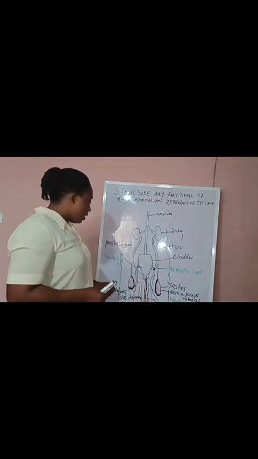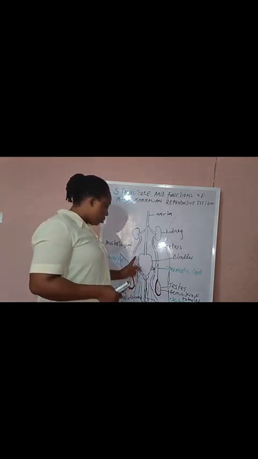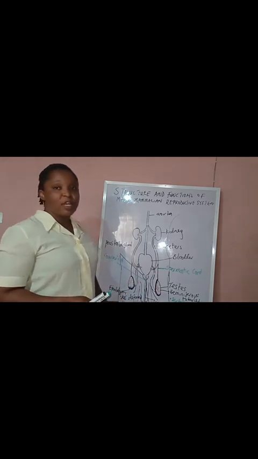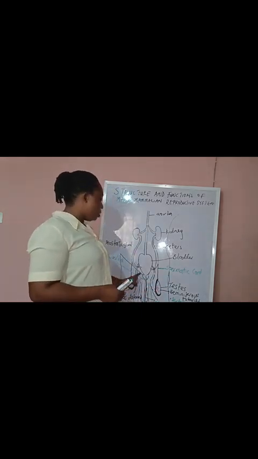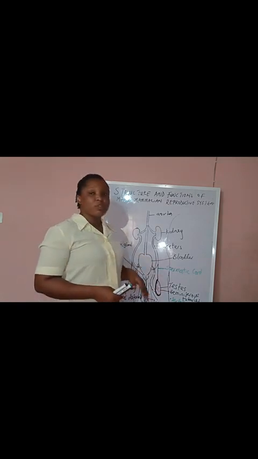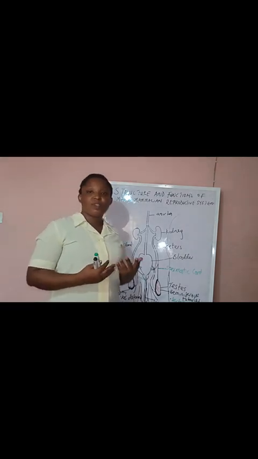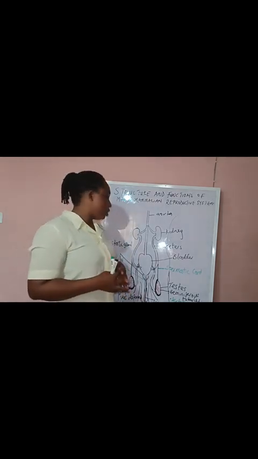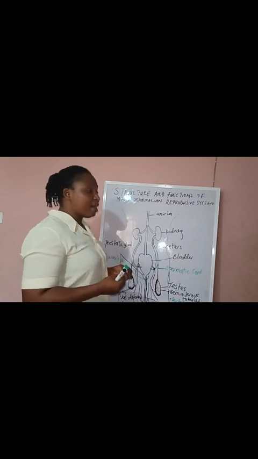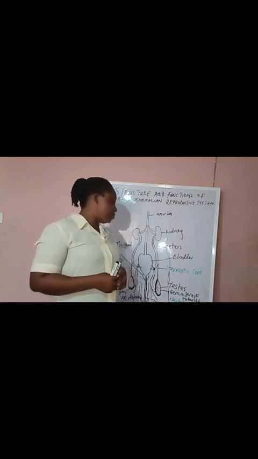From there, the sperm will be moved through a narrow tube called the vas deferens. The vas deferens, or sperm duct, takes the sperm to the seminal vesicle. The seminal vesicle is a small sac where the sperm are stored, and it also secretes major parts of the seminal fluid.